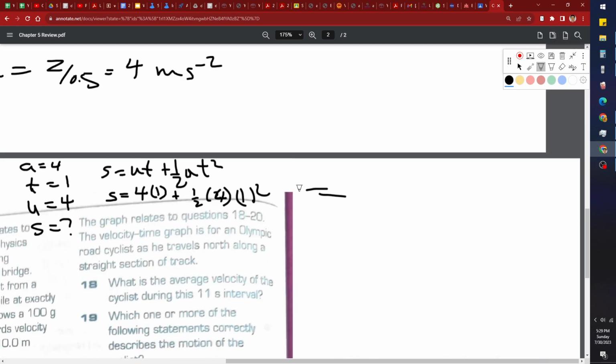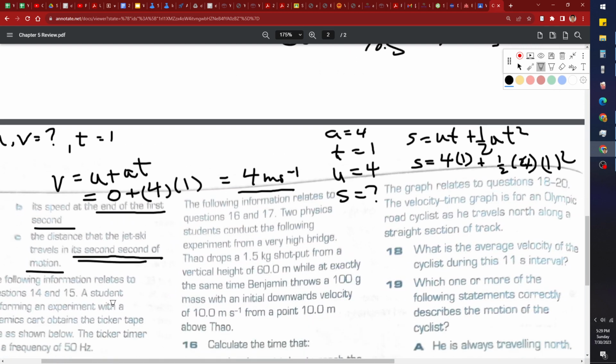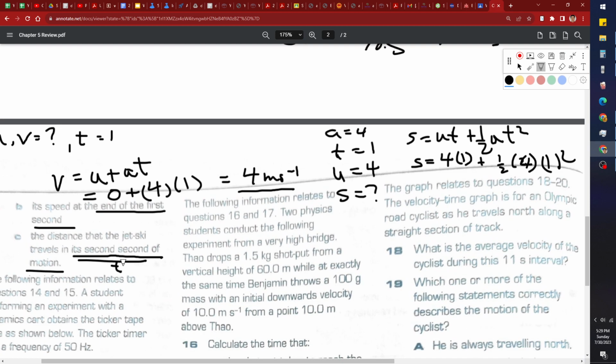Okay, and then for us, that means S equals 4 plus 2. 2 times 1 is 2. Okay, so in the second, it travels 6 meters. Okay, so that means from time 1 to time 2 seconds, it traveled 6 meters.